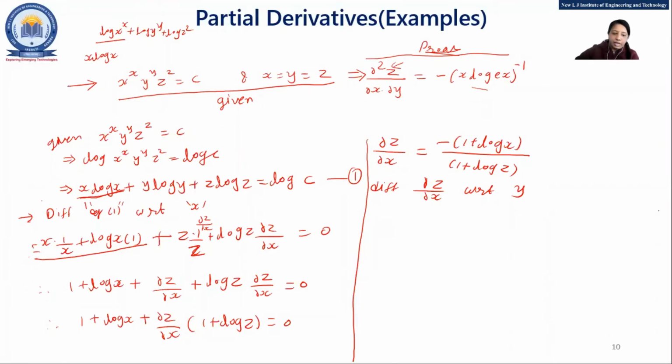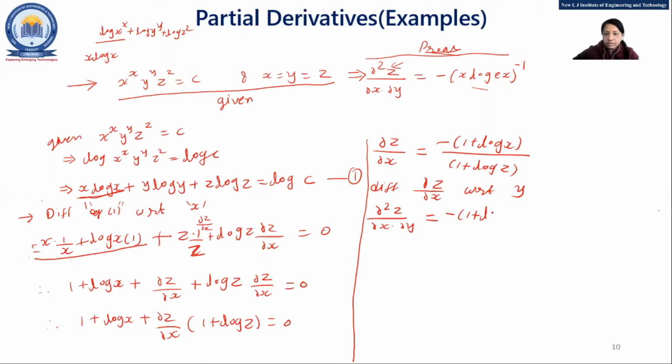Any problem in this, anyone? So del square z upon del x into del y equals minus (1 plus log x) upon (1 plus log z). 1 plus log x is a constant, so I'll take it out.